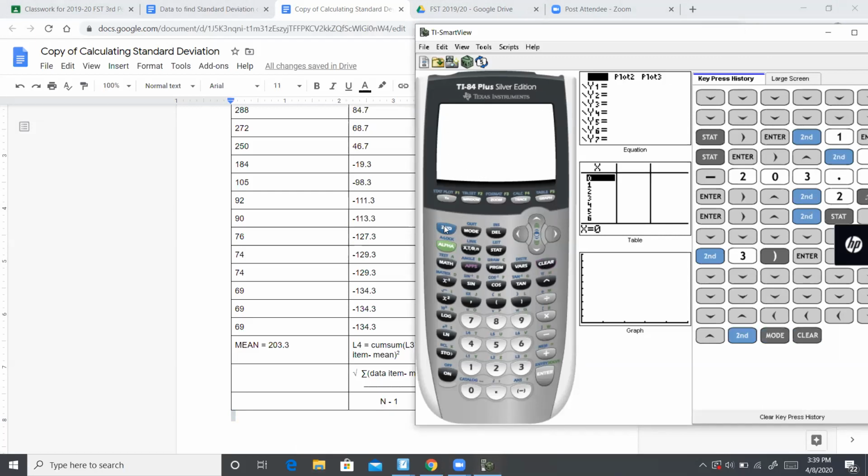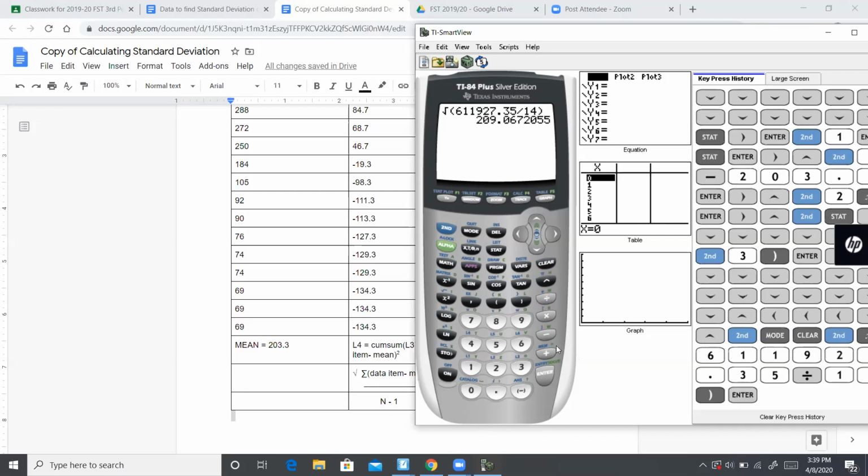What we're going to do is take the square root of 611,927.35 divided by 15 minus 1, which is 14, right? And close that off. And let's see what we get.